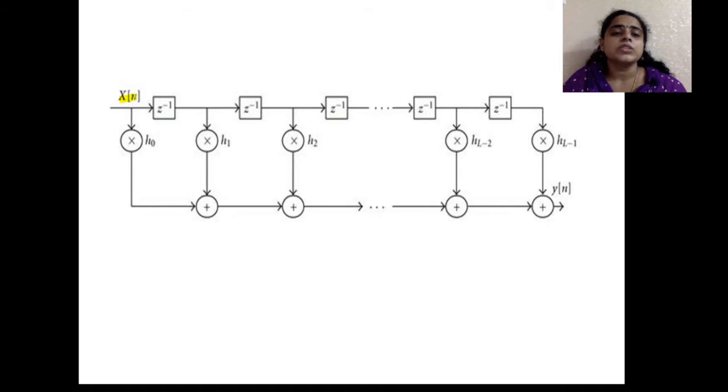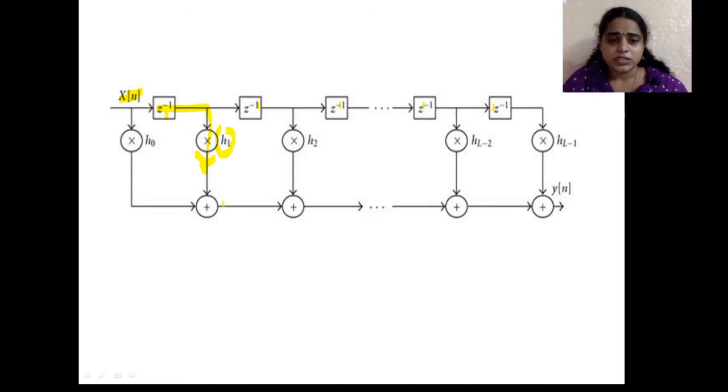Here our input signal x of n will be there. There will be M minus 1 Z inverse blocks, 1, 2, 3, 4 and so on. So the first constant term h of 0 will go to here. After this one Z inverse is going like this, and the direction here is like this. So this Z inverse gets multiplied with h of 1, h1 into Z inverse.